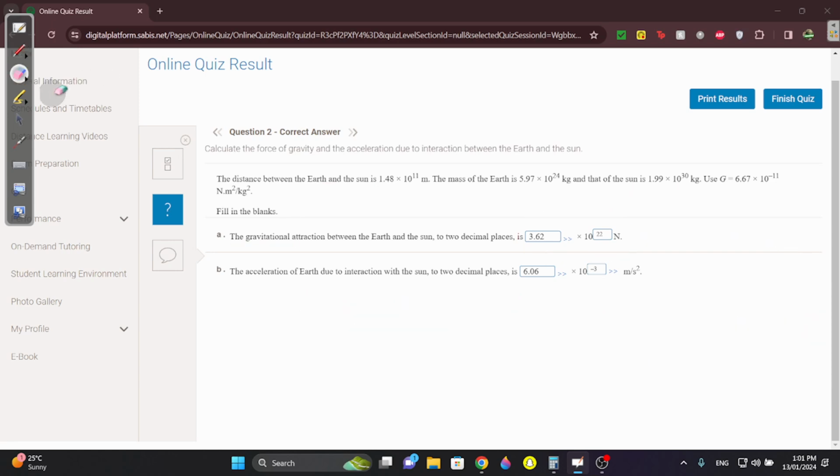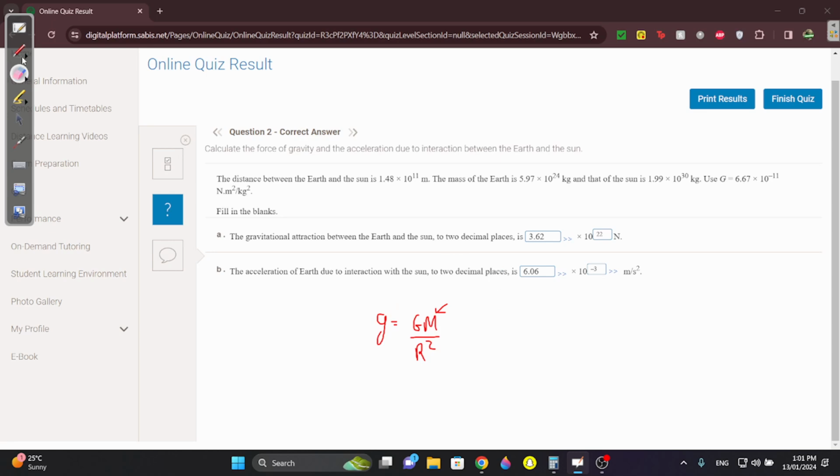It's a long formula. Then part B, the acceleration of the Earth due to interaction with the Sun. To find acceleration, g equals big G times m over r squared. You're going to ask me, we have two masses, which mass do I use? When looking for acceleration, you always look at the bigger mass, because that's the planet that's going to be attracting it.